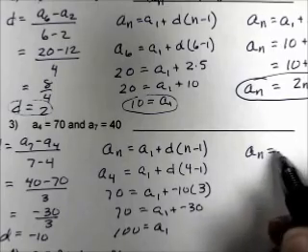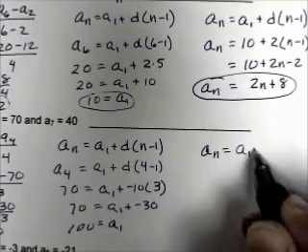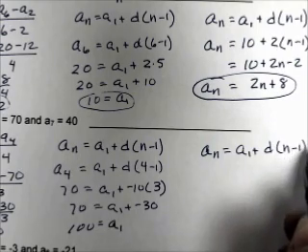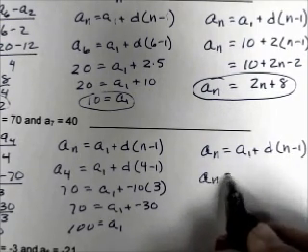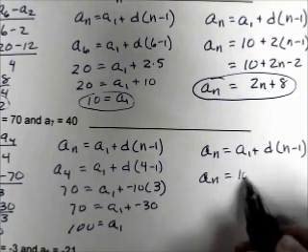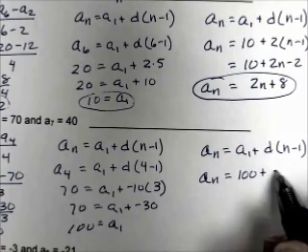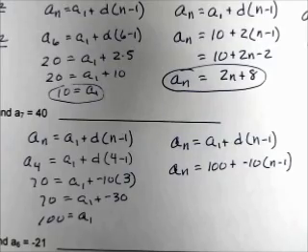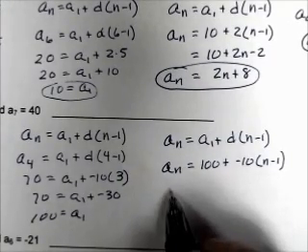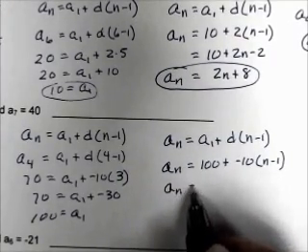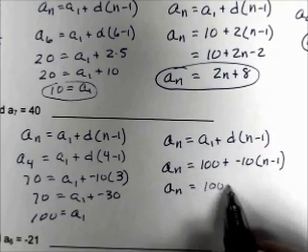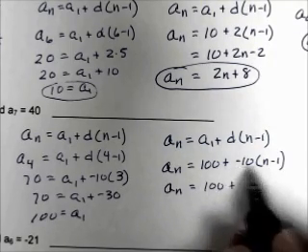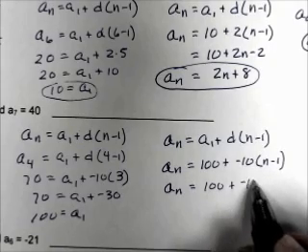Back to our formula. a sub n equals a1, which is 100, plus our d value, negative 10, times n minus 1. a sub n equals 100 plus negative 10 times n is negative 10n.